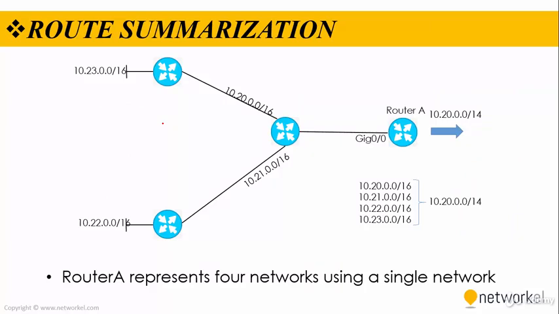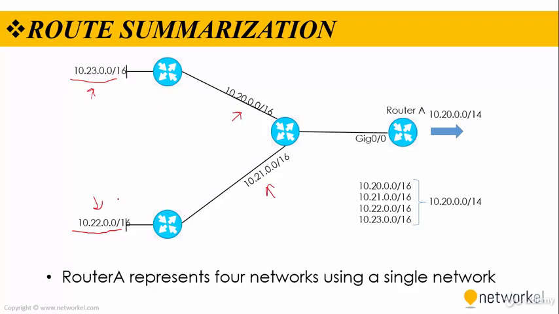And the last thing we're going to talk about is route summarization. Summarization reduces the routing load and improves the stability and scalability of shared routing information between routers. In the figure, as you can see, we have 4 routers, and we have some routes here. 22 here, 23 here, 20 and 21 here.